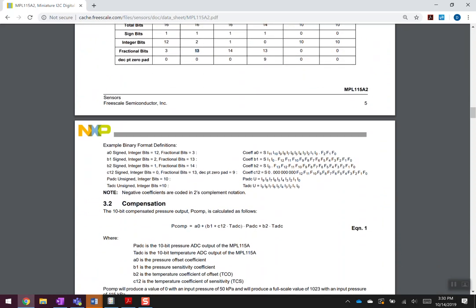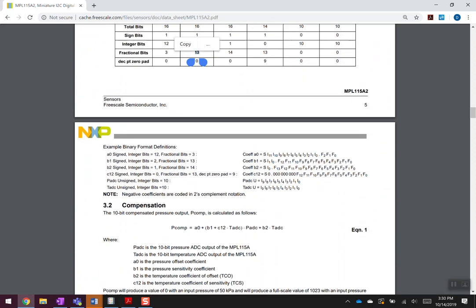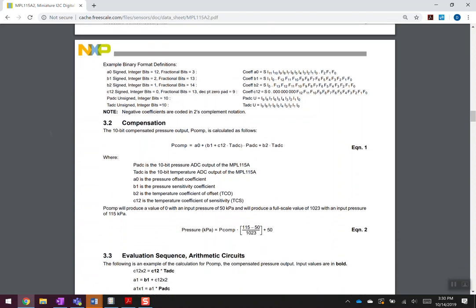And it even goes through here and gives you an example of how these are done as far as integer bits and then fractional bits, and you can even see here's where all those zero pads were that we saw. And you can see the fractional 12-bit and everything, and that's where we got the 2 to the 3rd here, 2 to the 13th, 2 to the 14th, and then this was 2 to the 22nd, is where we got that from.